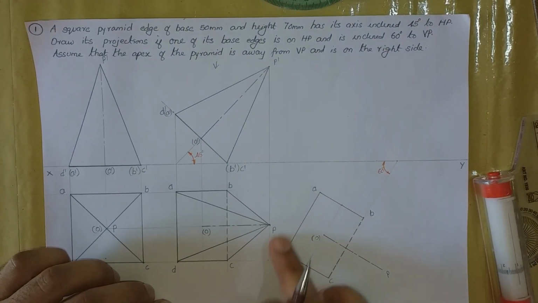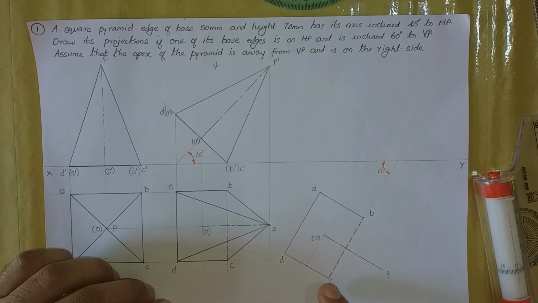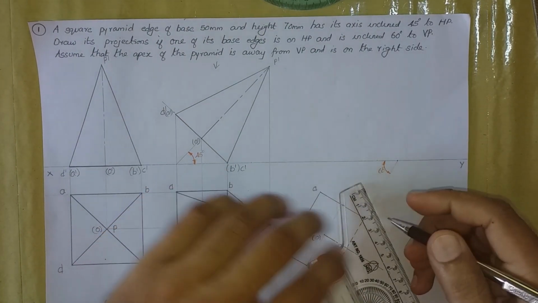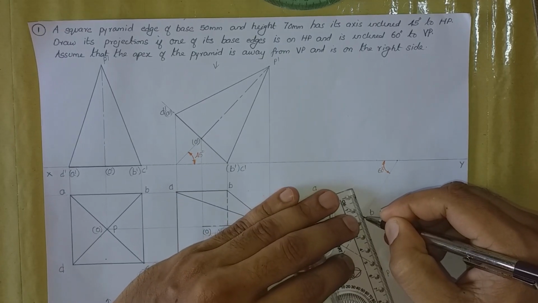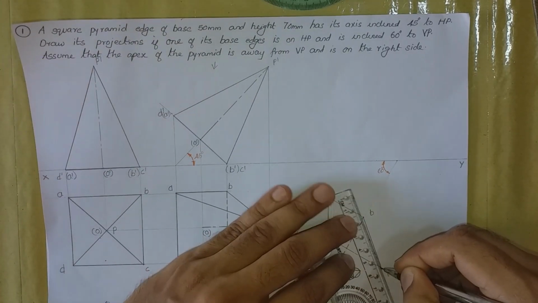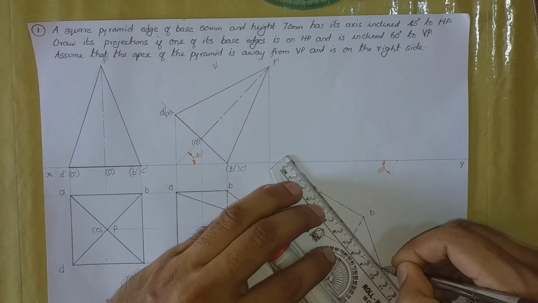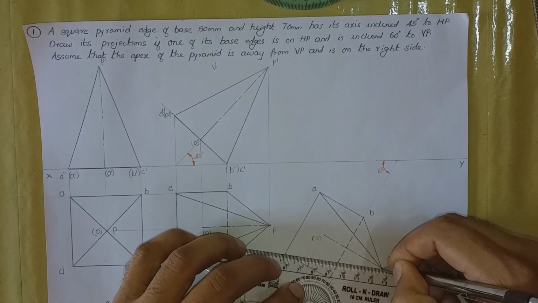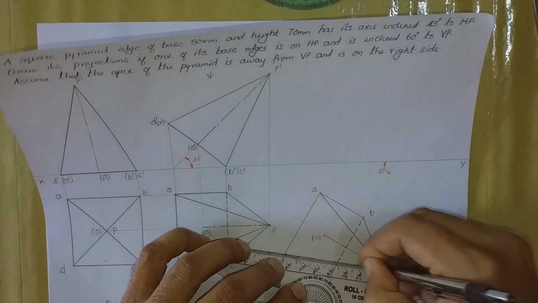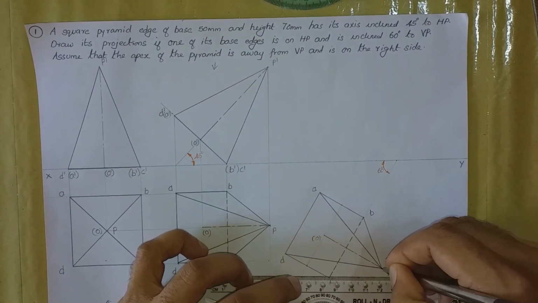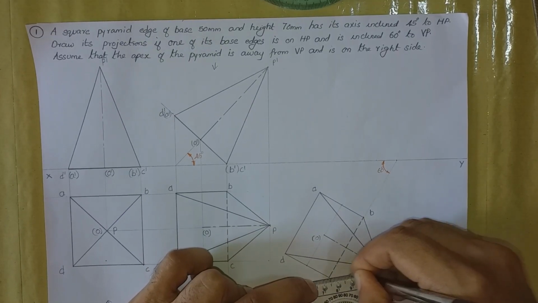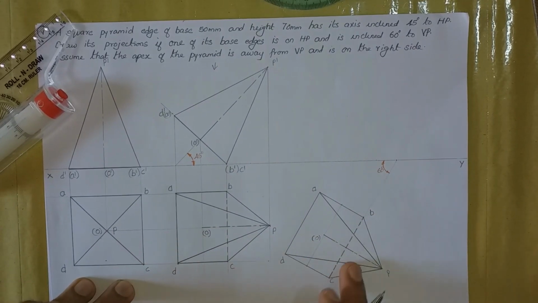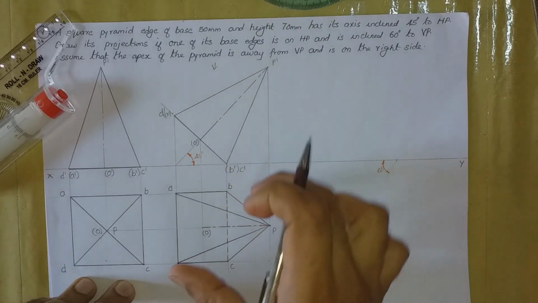Now you join ABCD, P. So the same diagram is drawn here. Let us draw all the other slanting edges. The difference between these two diagrams is only in their inclination.